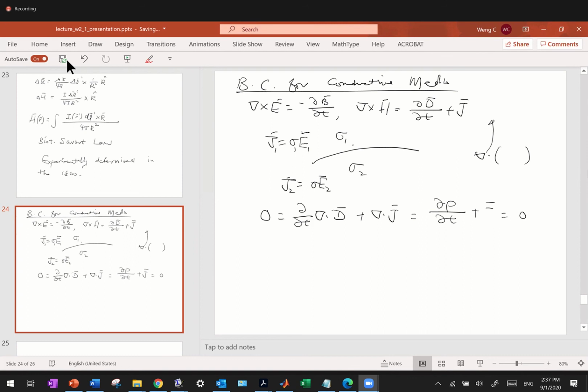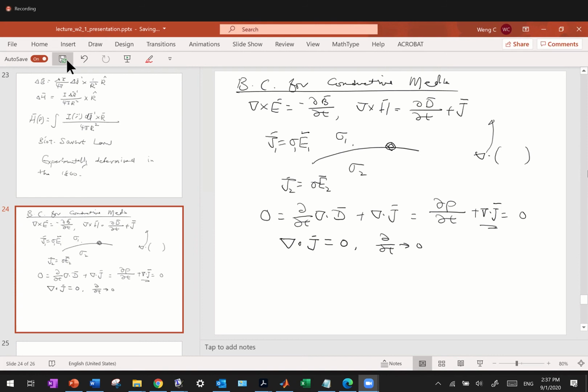Sorry, this should be divergence of J. If you say the divergence of J is equal to 0, and you focus your attention at the interface, it is the same as divergence of J equal to 0 when partial t equals 0. So if you are very close to the interface, divergence of J has to be 0.